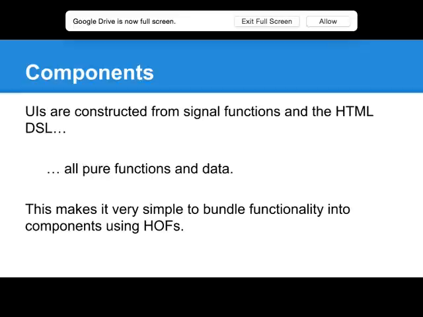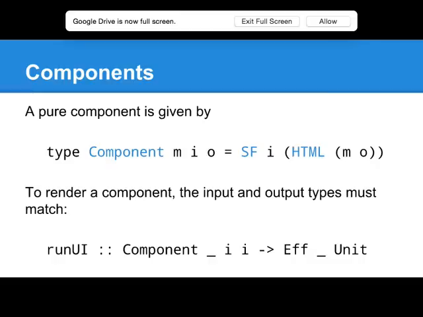It makes it really easy to bundle functionality into components or reusable pieces using higher order functions, because everything's stateless. State is modeled using pure functions, so when we're building components, we don't have to worry about state essentially.